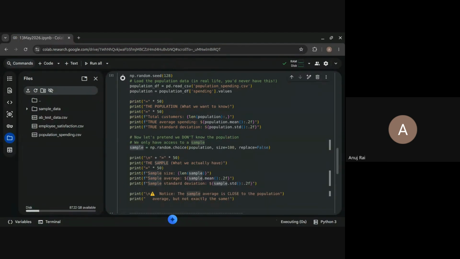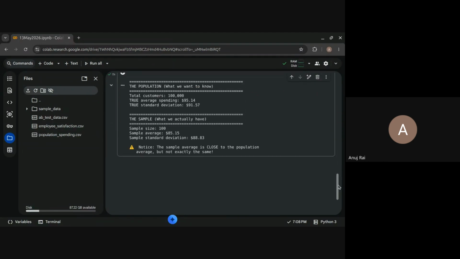So here, total customers are 1 lakh, the true average spending is $95, and the true standard deviation is 91. I hope you understand what standard deviation is. Standard deviation tells us how clustered the data points are around the mean. The higher the standard deviation, the higher the variance.